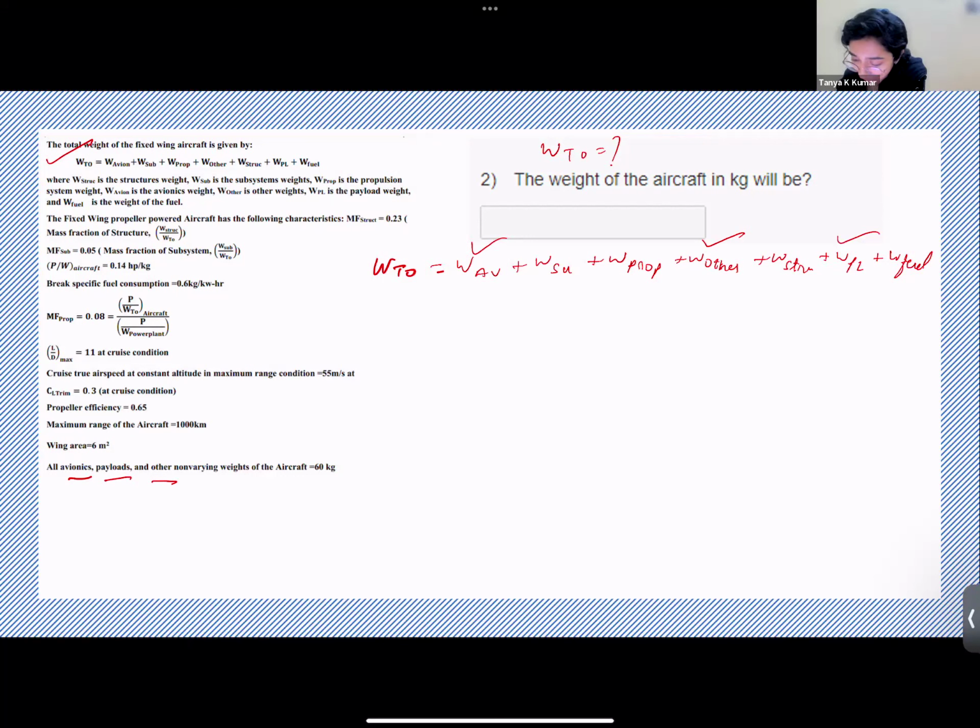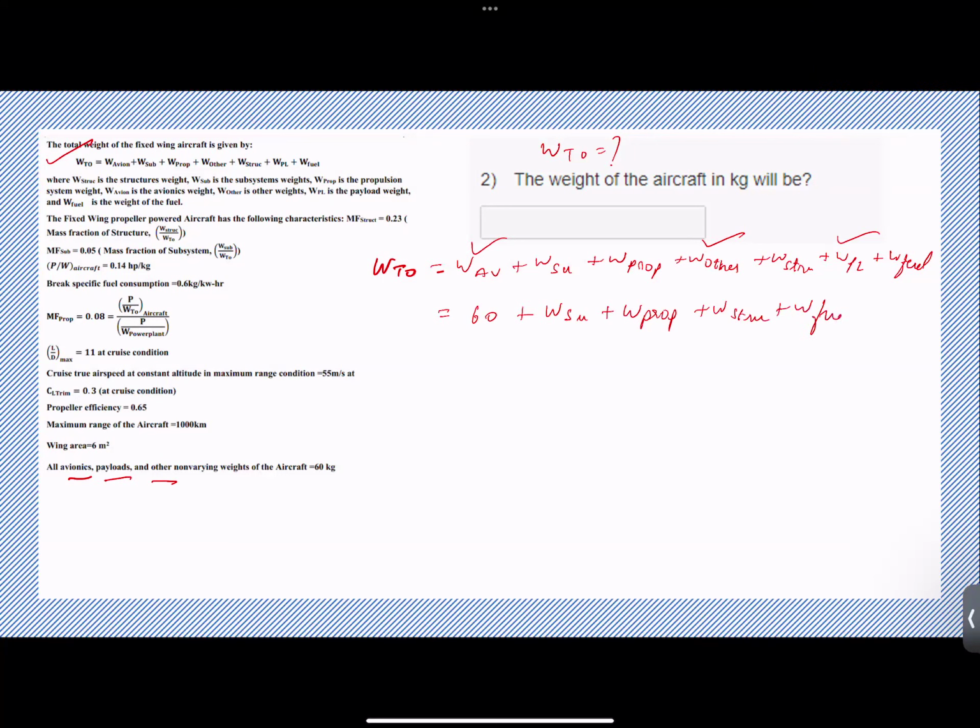So that is 60, plus weight of subsystem plus weight of propellers plus weight of structure plus weight of fuel. Right? So this is given to you. Now manipulate the equation such that you can get this value.